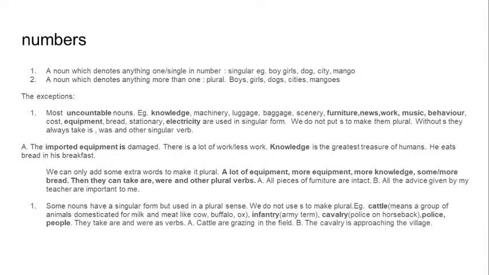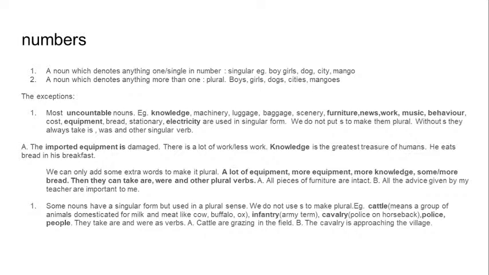We can add other words accordingly so that it works like that. We can't add s. So I hope this will be clear. A lot of equipment, more knowledge, some bread, more bread. This is how we will express plurality. Always keep that in mind.